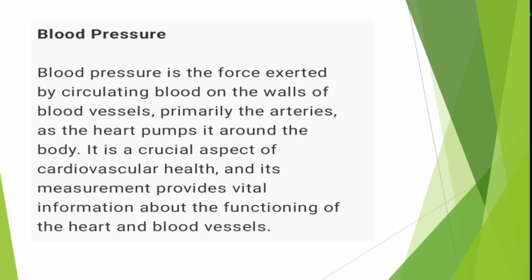Okay. There are two types of problems when we talk about blood pressure. If the blood flows very rapidly or if the pressure is very high, then we get high BP or hypertension. If it is less and it has a low pressure, then we suffer from hypotension.